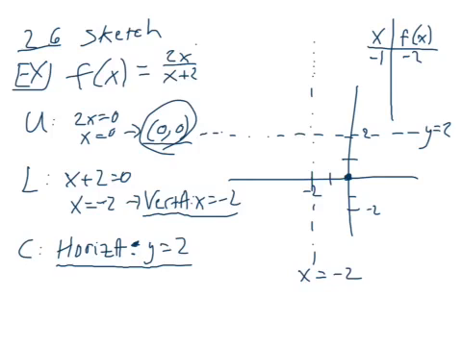So that's going to put us right here. And that's about what we would expect. What else could we graph? How about 1? 1 would be 2 over 3, 2/3. So around there. And that's probably enough to get the idea of what it's going to look like.